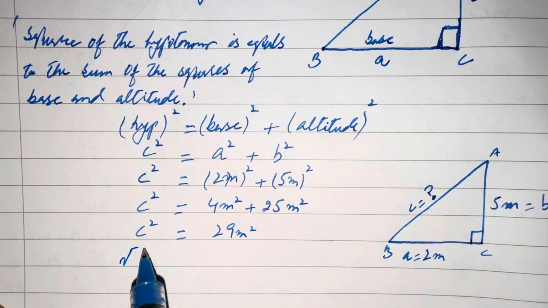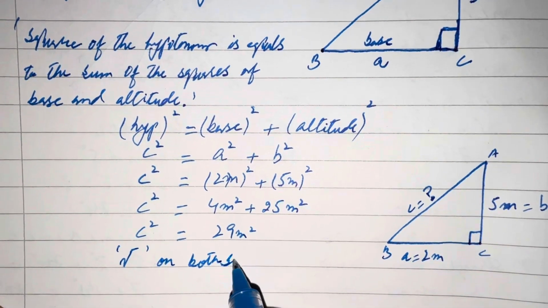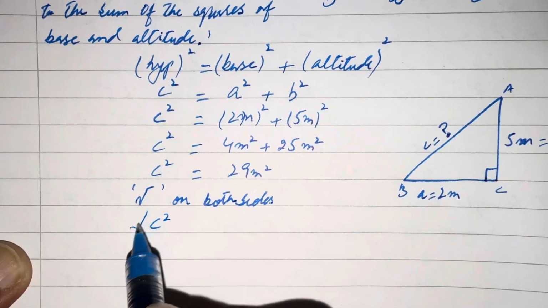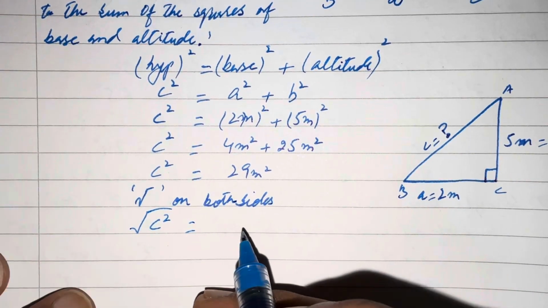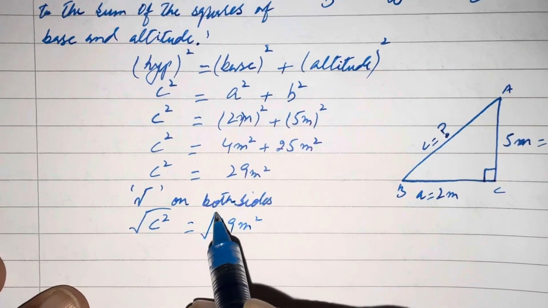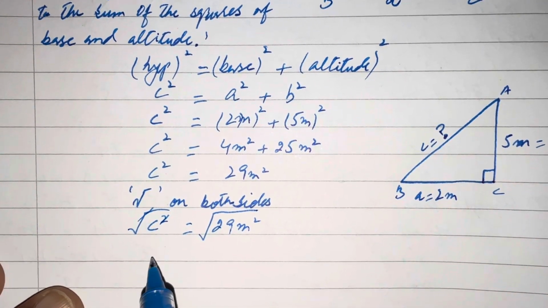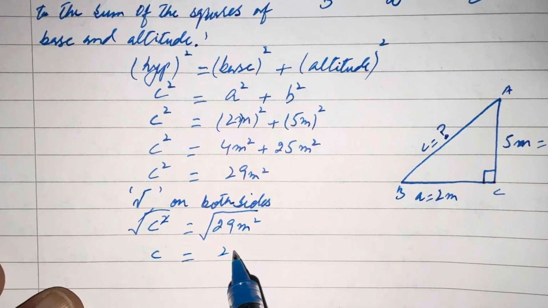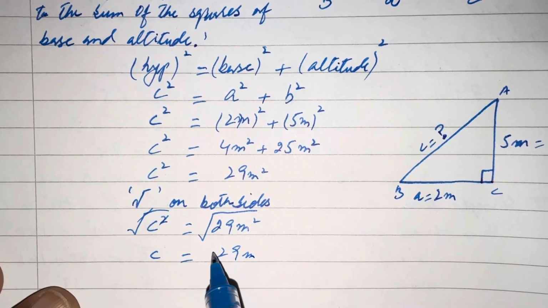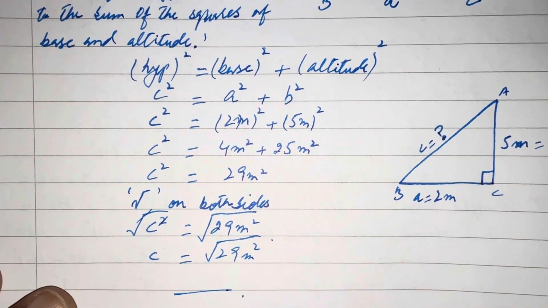So the square root of c squared is equal to the square root of 29 meters squared. The square is cancelled with the radical sign, so c is equal to the square root of 29 meters squared. That's the value of c.